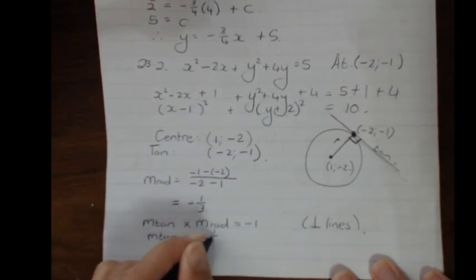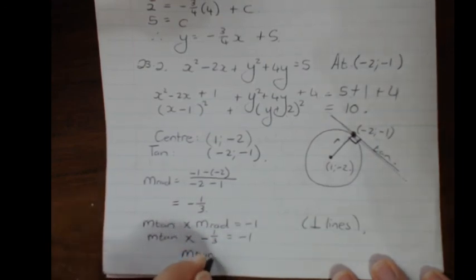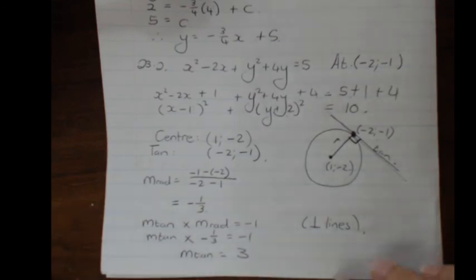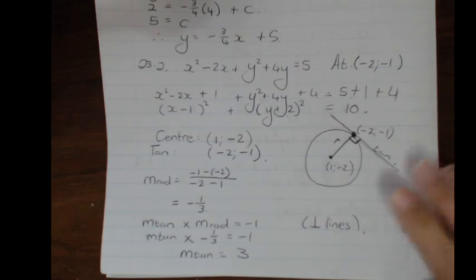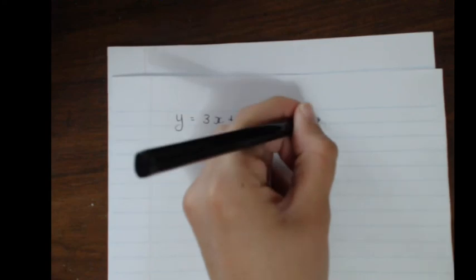The gradient of the radius is -1/3, so the gradient of the tangent is 3. If I take -1 divided by -1/3, the gradient of the tangent is 3, and it goes through the point -2, -1. So I have an equation here with a gradient of 3 that goes through the point -2, -1.